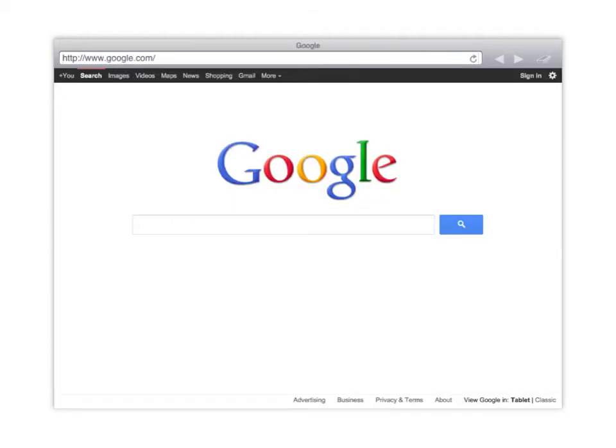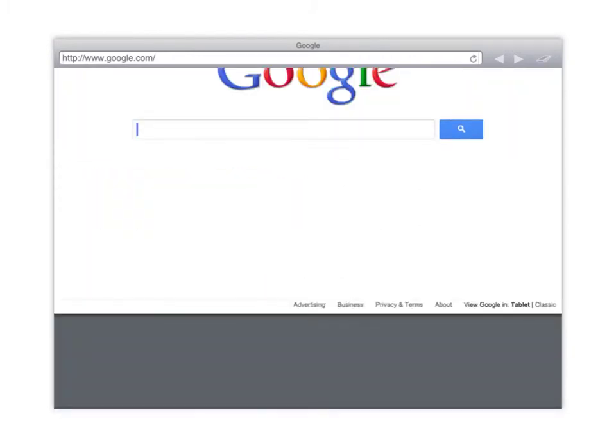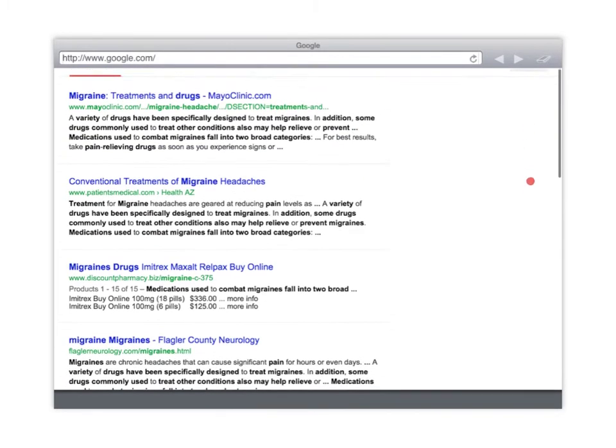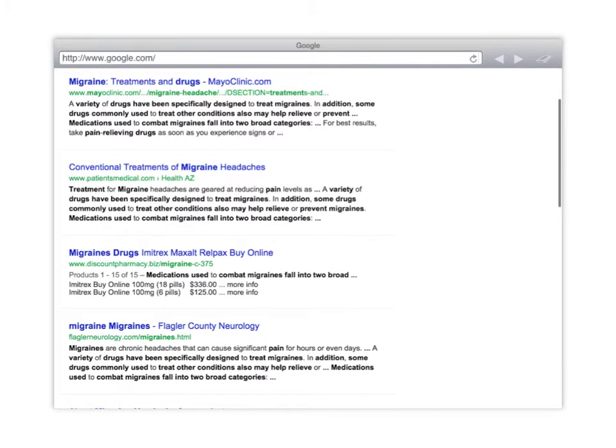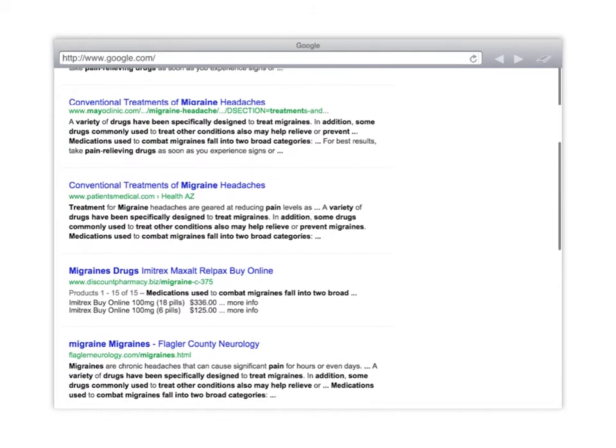So now we're back at Google, so let's paste this definition into the search engine. There's a couple of things to notice here. On the search engine, we see the very first result is from the Mayo Clinic, but let's look down a few things.